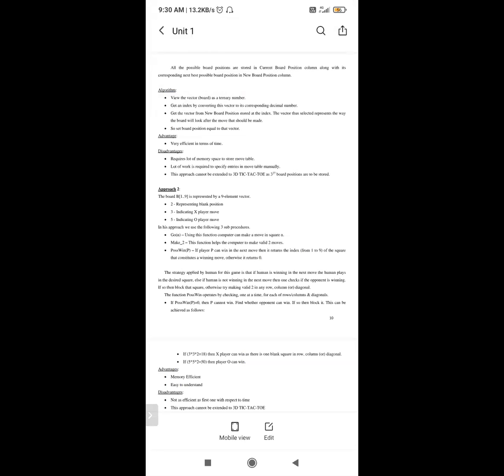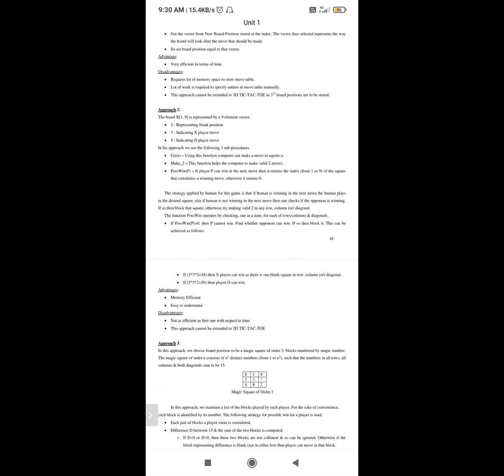If the first one is the case, then X player moves. X player means the first player or the human player. Otherwise, if the second one is the case, then player O can move.